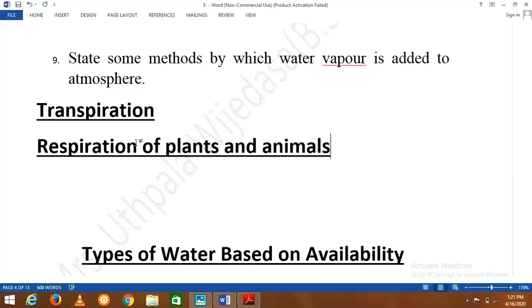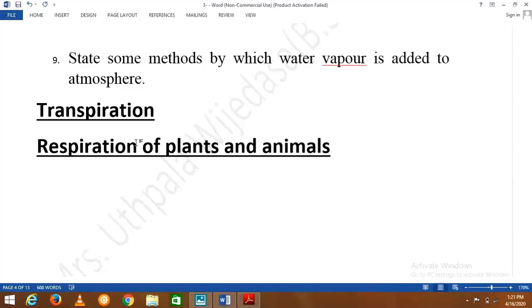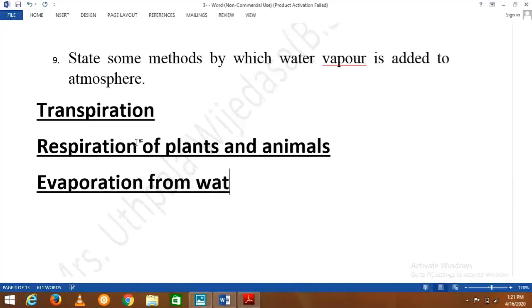That is because that water has been evaporated. Likewise, from water bodies like tanks, ponds, rivers, the ocean, water is evaporated. So that is evaporation from water bodies.